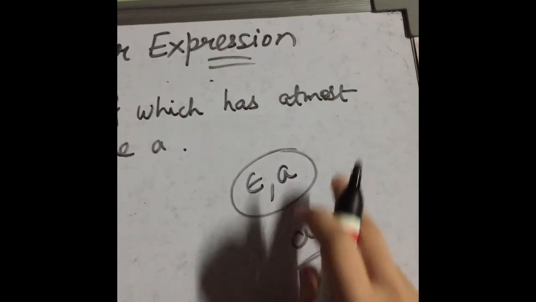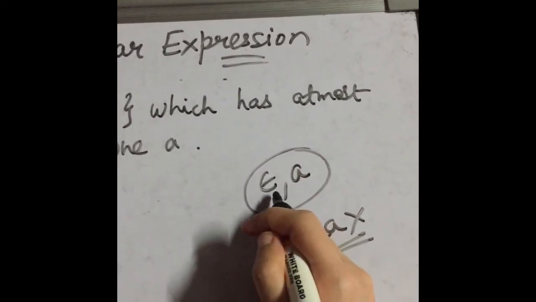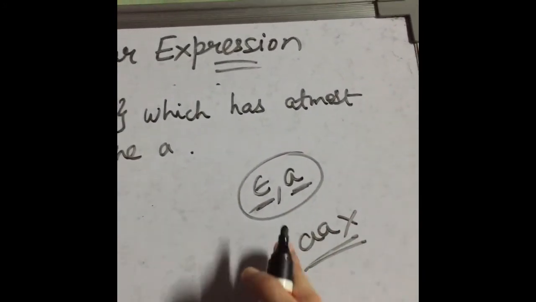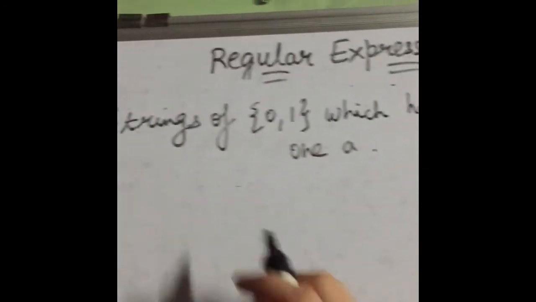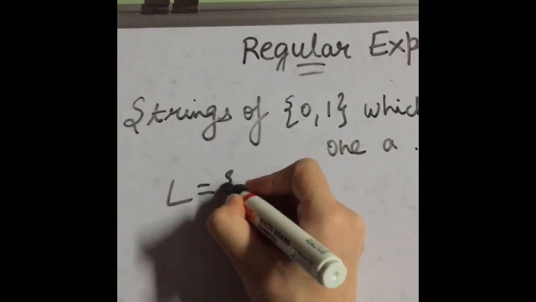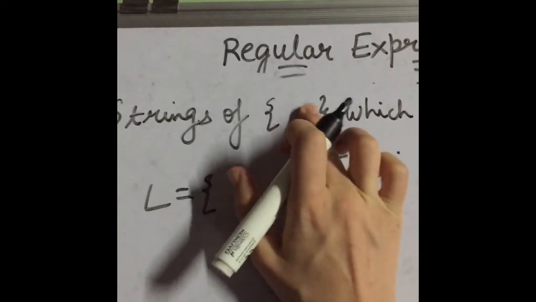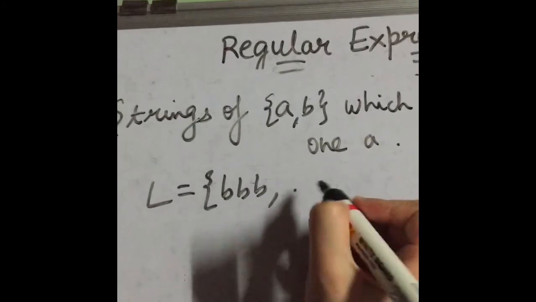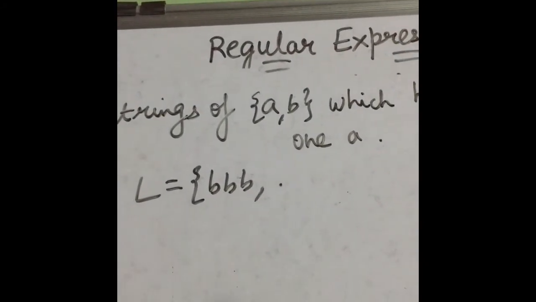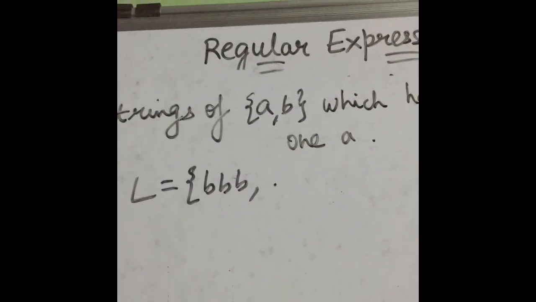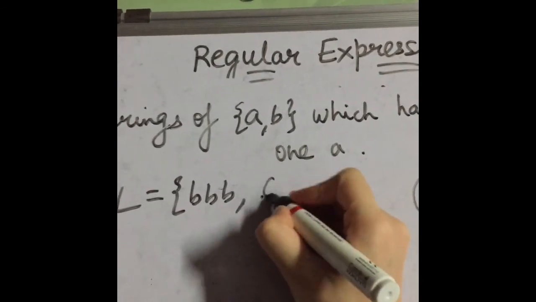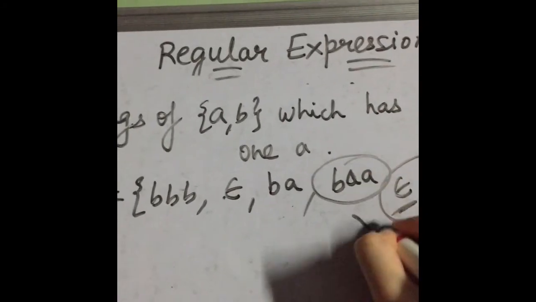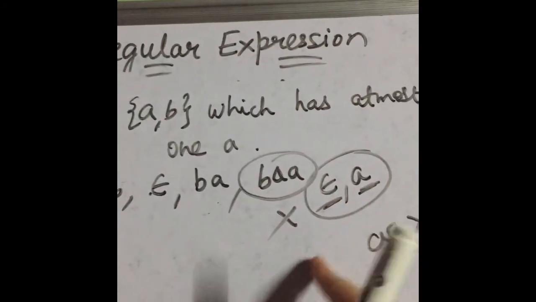At most one a means there is only one a or there is none. Only that is accepted. Any number of b's, don't care about it. So at most one a means either one a or no a. Null is accepted, ba is accepted, baa is not accepted. Remember, at most one a.